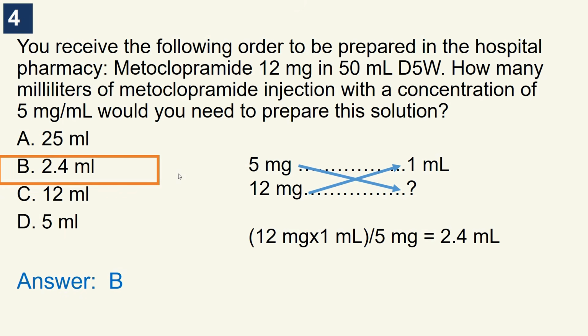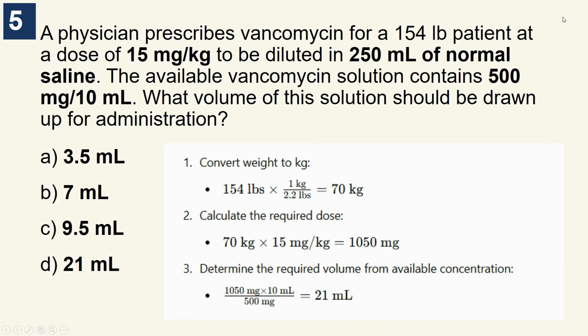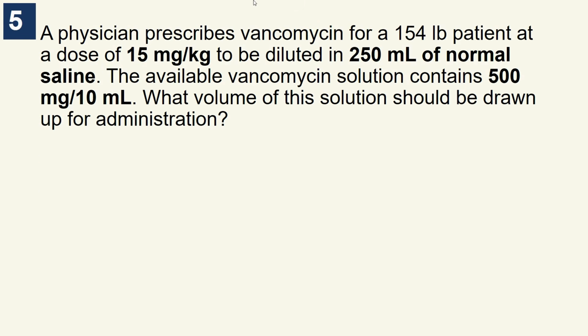Let's look at the last question for this presentation. Here the question is: a physician prescribed vancomycin for a 154-pound patient at a dose of 15 milligrams per kg, to be diluted in 250 mL of normal saline. You first convert the 154 pounds into kilograms, because the dose is given per kilogram.